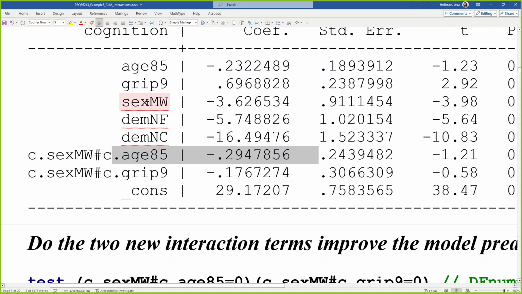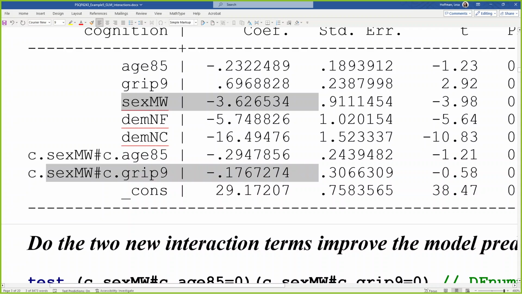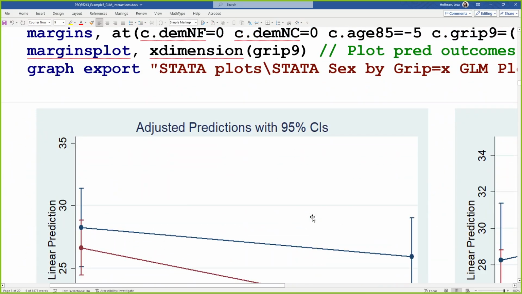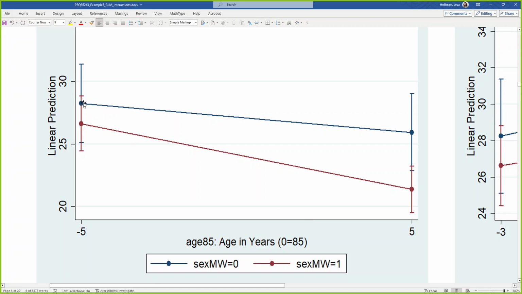It is also what in stronger people? This is another more negative. So, yep, grip strength also exacerbates the gender gap. And so if we approach it from that perspective, the other way we can look at this plot is as the difference between the lines.